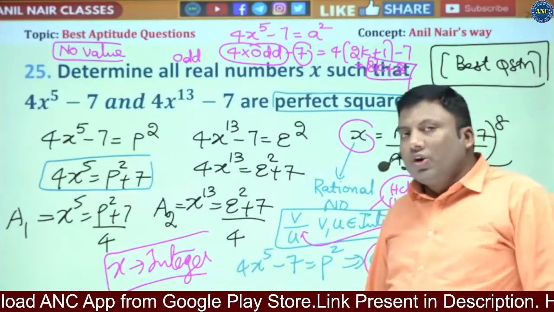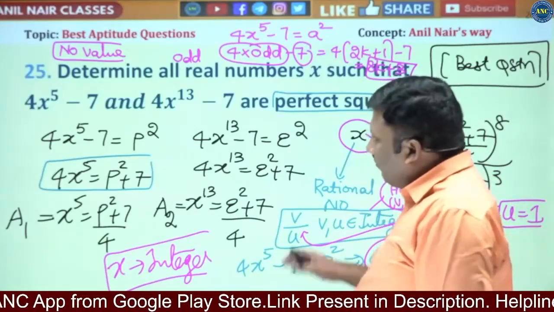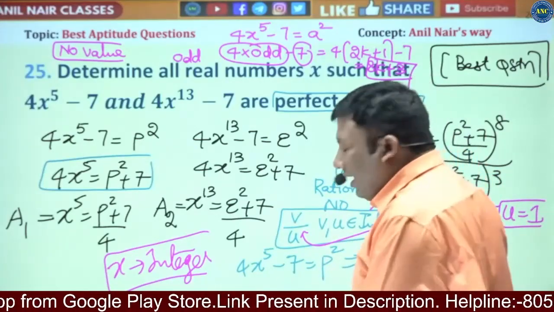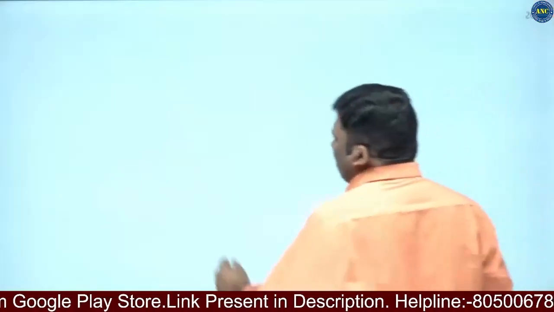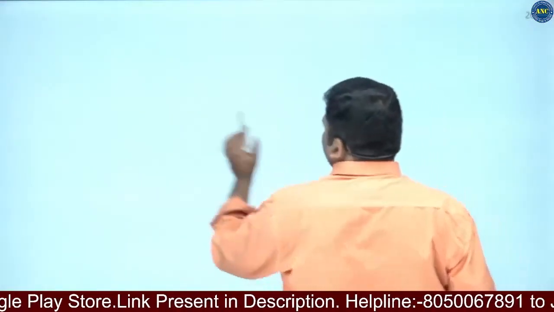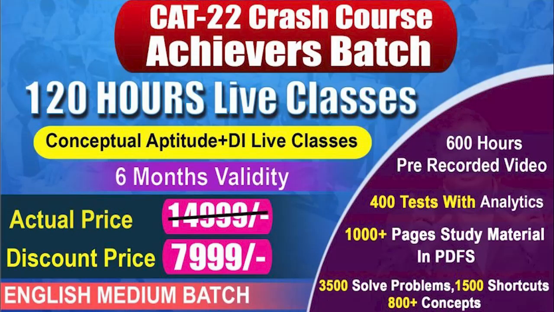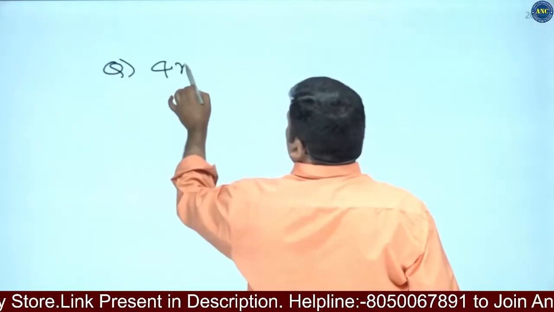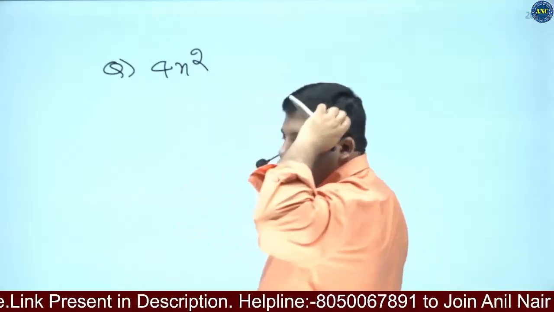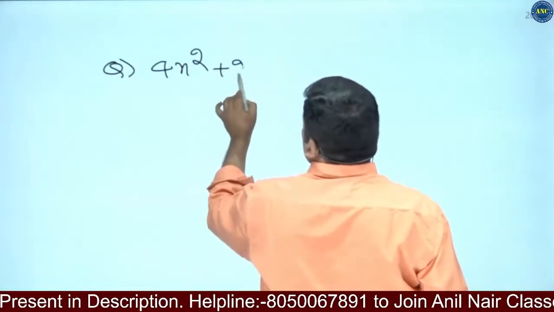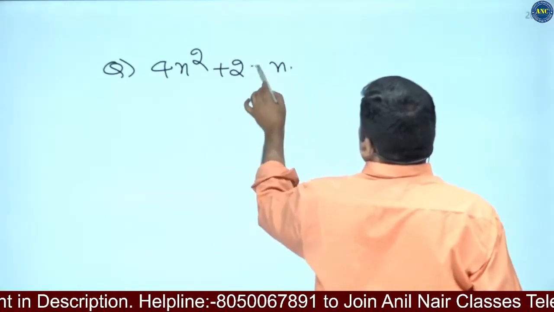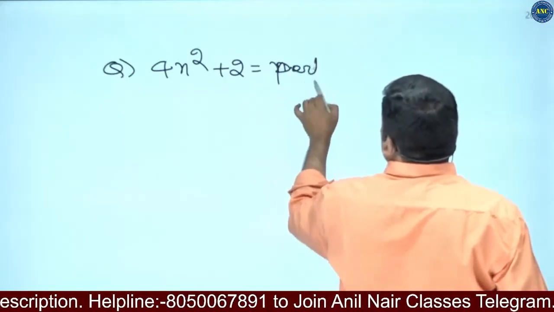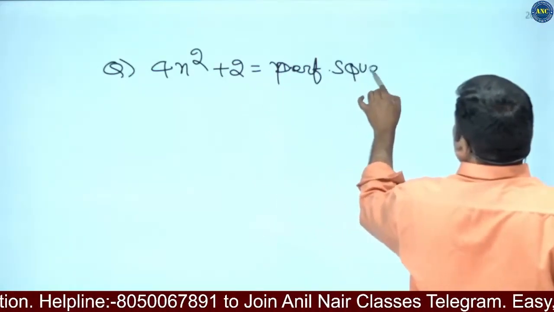Very, very good questions can be formed by using this kind of logic. I hope the idea is clear. He can ask you any question, sir. Suppose the question is: 4n square plus 2 is a perfect square.